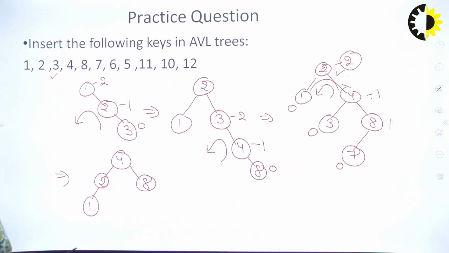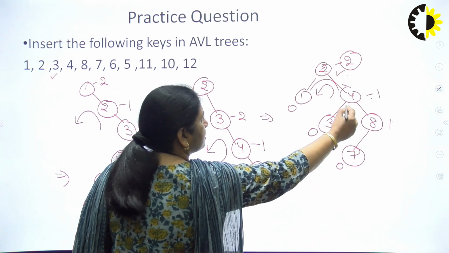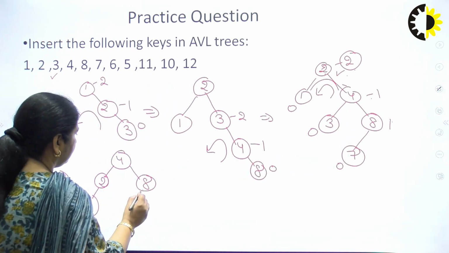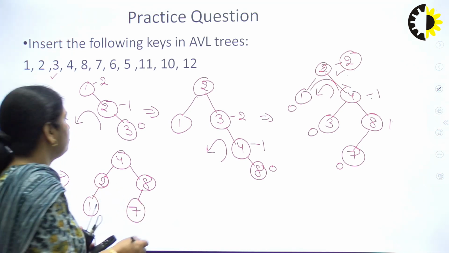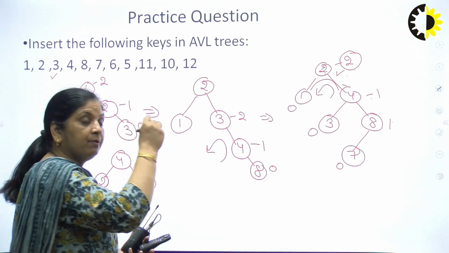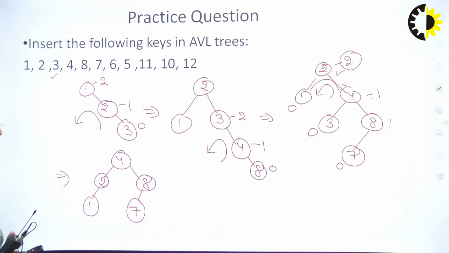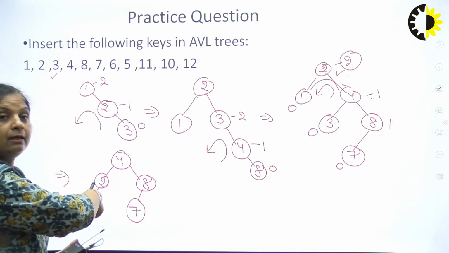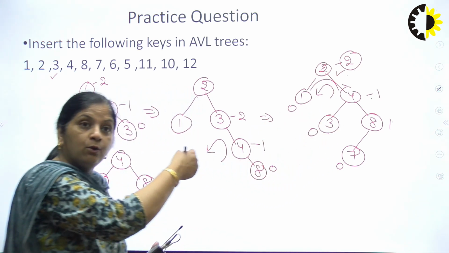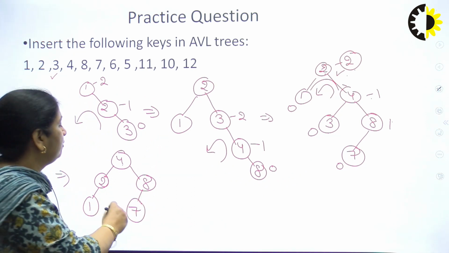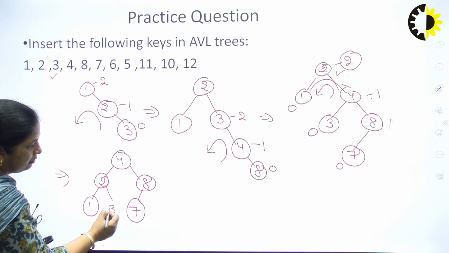What will be in the left side? 8 has come here. So 8's left child is 7. Now 4 has come upward and 4 was having a left child, that is 3. So where will it be put? It was in the left of 4, so it will go to the left subtree of 4. It will find its location here.